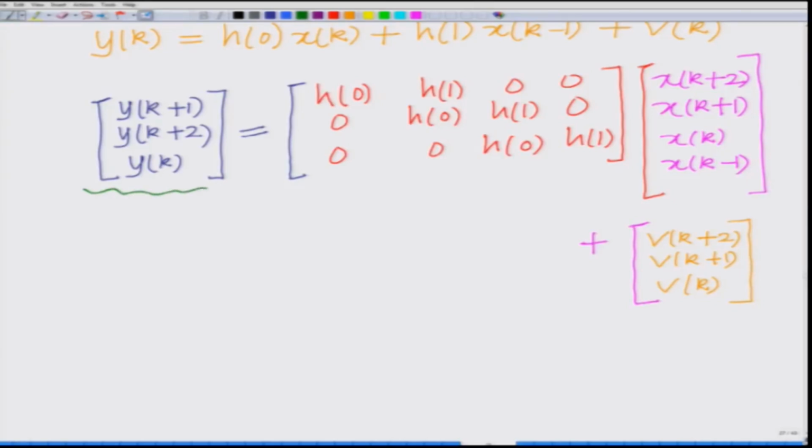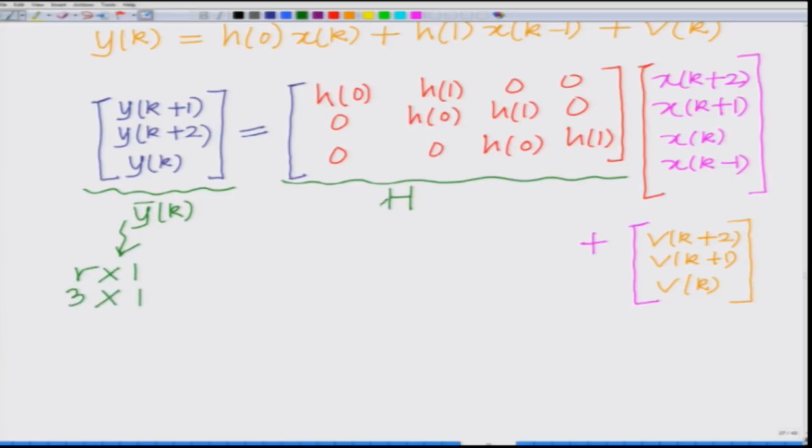And now, we call this the vector y bar of k, which has yk plus 2, yk plus 1, yk. This we call the matrix H. So, y bar of k is an r cross 1 vector, and in this case r equals 3, so this is 3 cross 1. H is basically r cross r plus L minus 1, with r equals 3 and L equals 2, so r plus L minus 1 is 4, and this is a 3 cross 4 matrix.